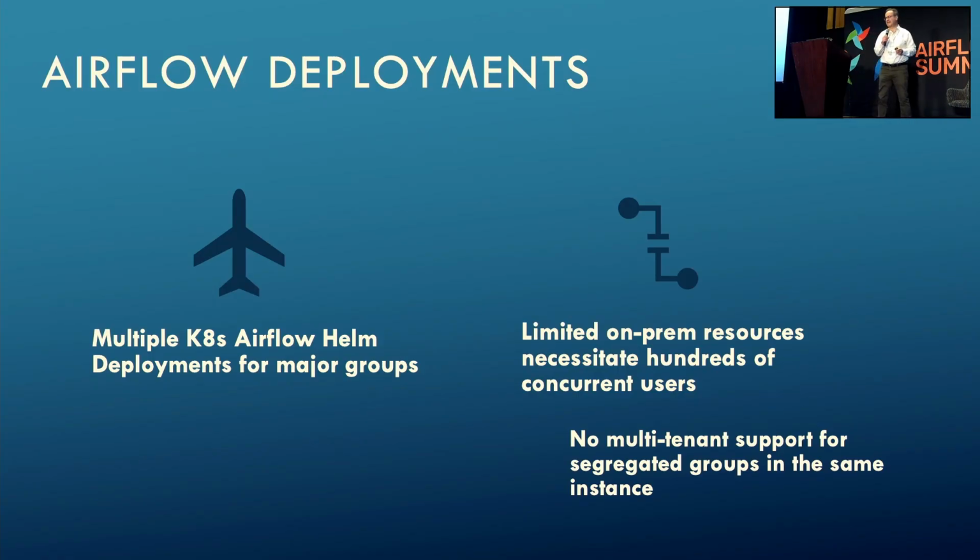I'll talk a little bit at the end about how we get around that right now, because as we're limited and we need those cores to do the actual statistical analyses, we have to have everybody coexist in a small number of Airflow containers, and that necessitates having hundreds of users in the same container.